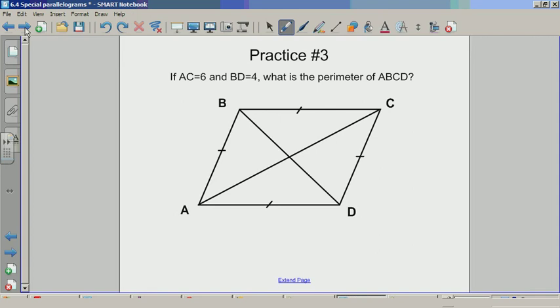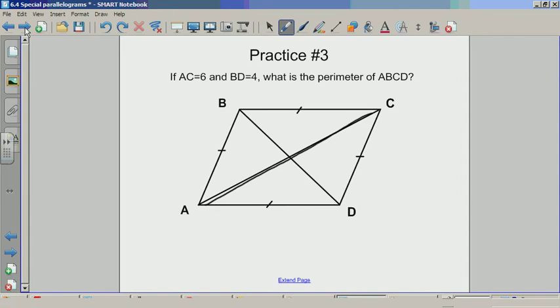Practice number 3. If AC is 6 and BD is 4, what is the perimeter of ABCD? Pause the video now and solve. AC is 6, so this big diagonal is 6.